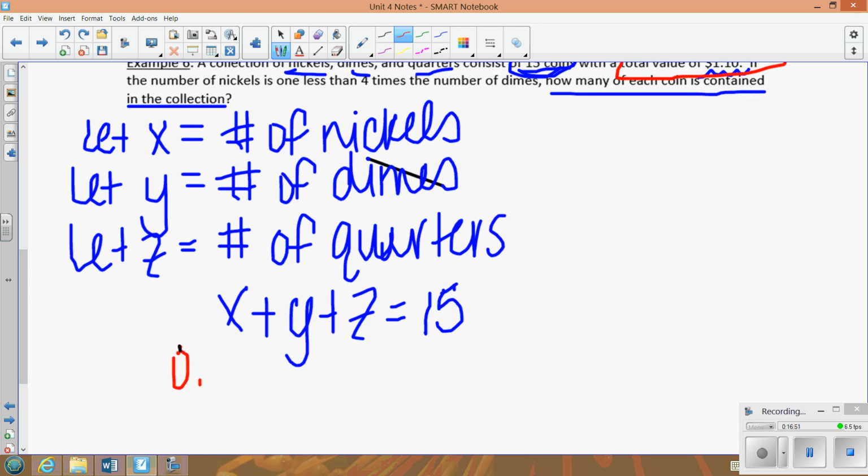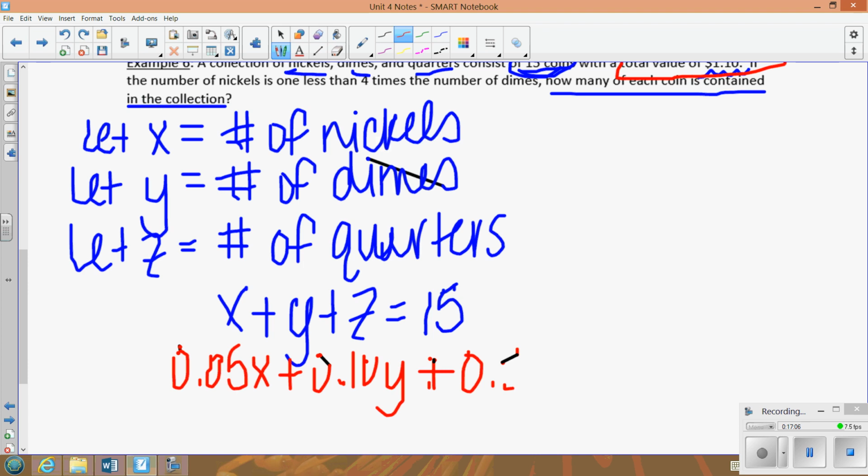So 5 cents times the number of nickels plus 10 cents times the number of dimes plus 25 cents times the number of quarters would have to equal their total value, $1.10, because dimes are worth 10 cents, nickels worth 5, quarters worth 25. So you'd multiply the value times the number of each coin, and that would have to add up to equal the total value.